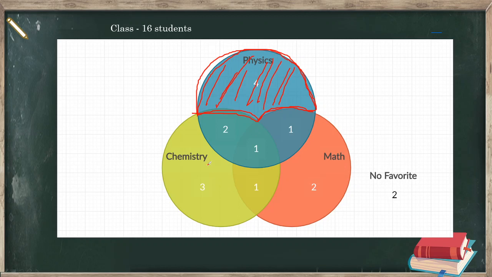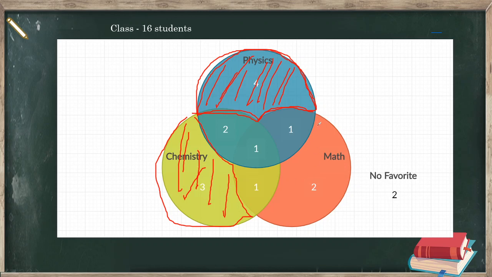What about people whose favorite subject is only chemistry? Same thing. I will go like this, and I can't take this part. This is considered math. So when I want the people whose favorite subject is only chemistry, I'll take everything else out, and this part is where people's favorite subject is only chemistry.